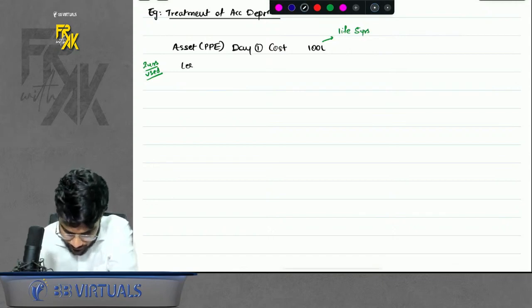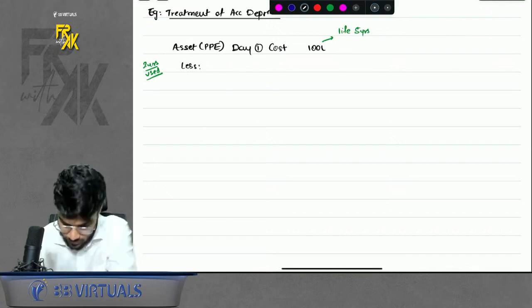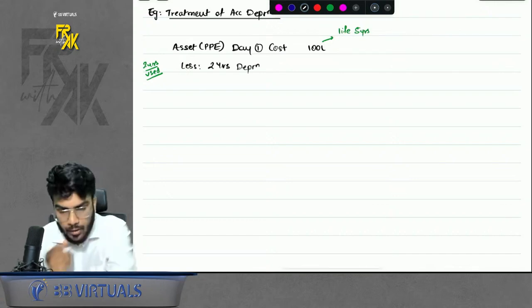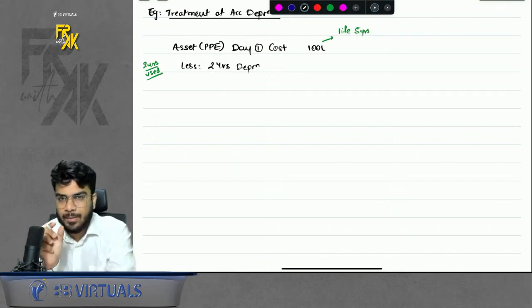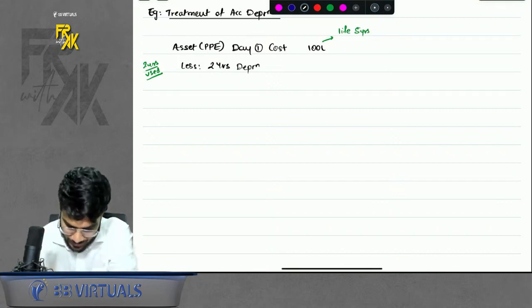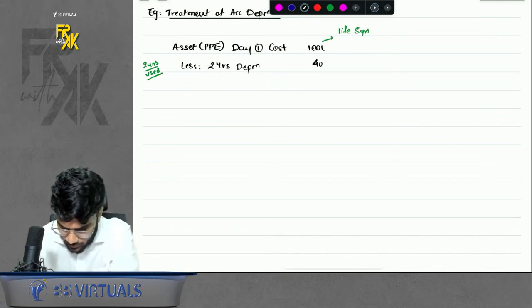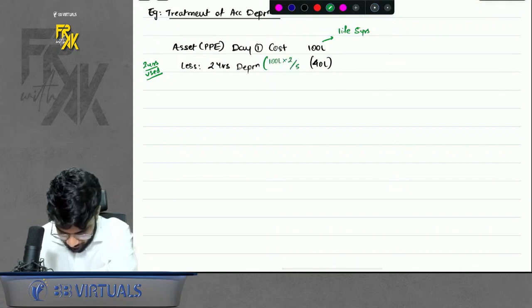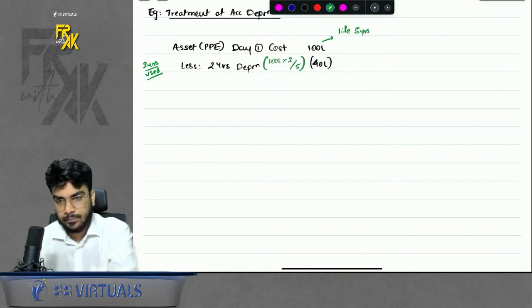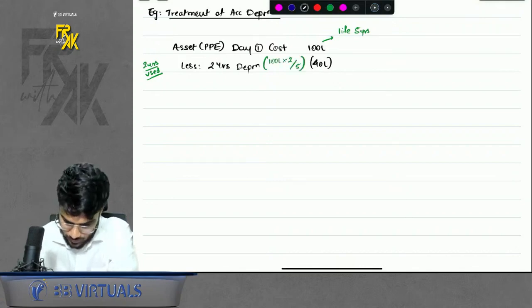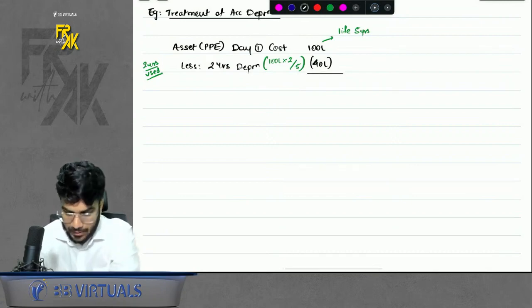We will say less 2 years depreciation. What will be the cumulative depreciation of 2 years? You can clearly see it will be 40 lakhs. Sir, how? 100 lakhs into 2 divided by 5. Right? 40 lakhs. So if we deduct this, you will get the carrying amount.